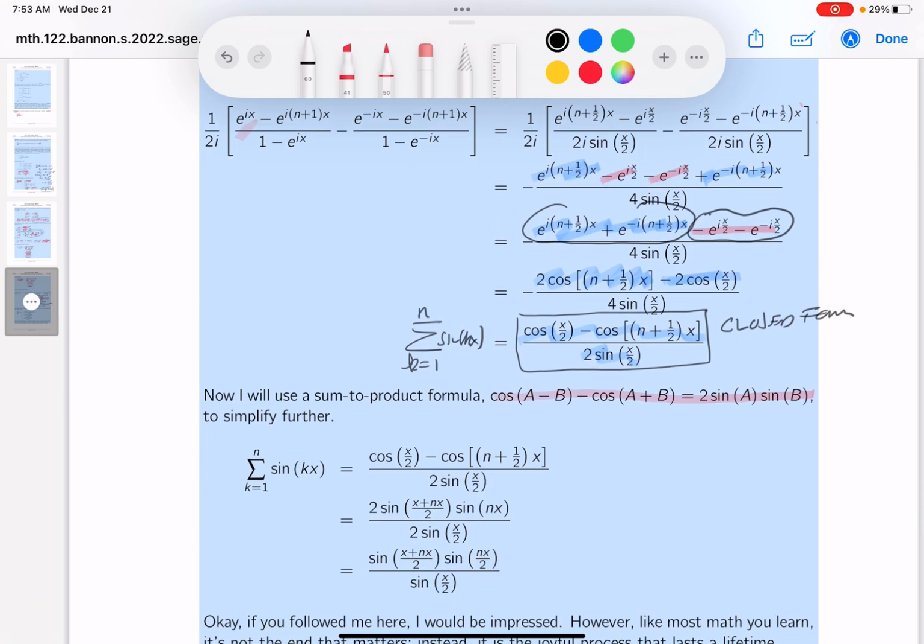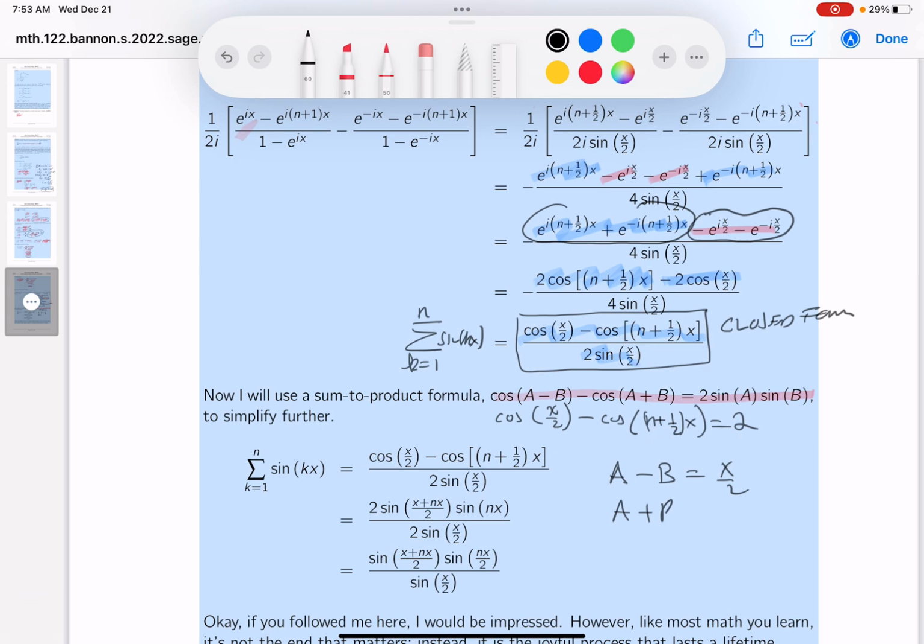I'm seeing the cosine of x over 2 minus the cosine of n plus 1/2 of an x equals 2. A minus b is x over 2. I'm just making a comparison, by the way.